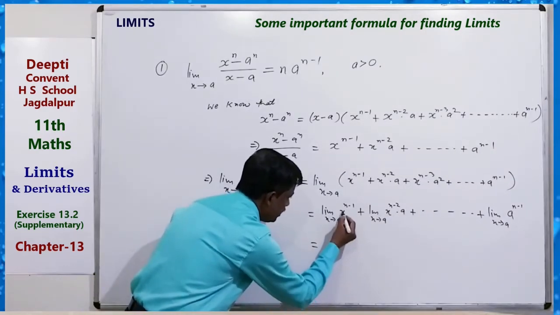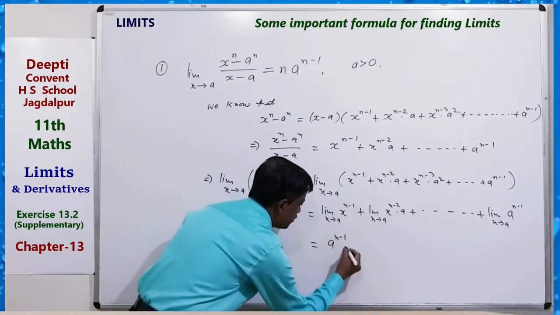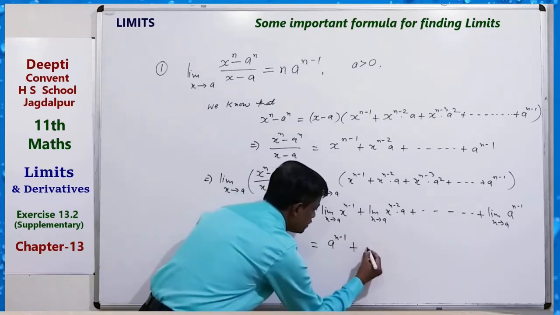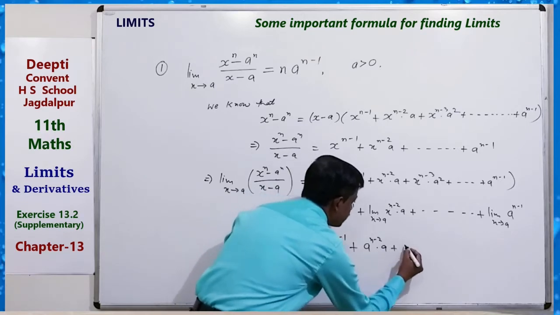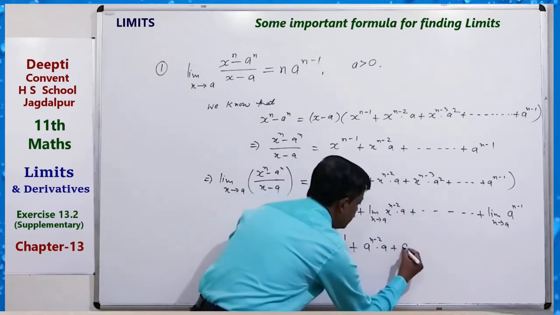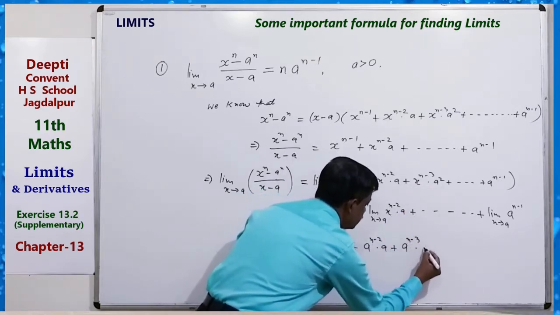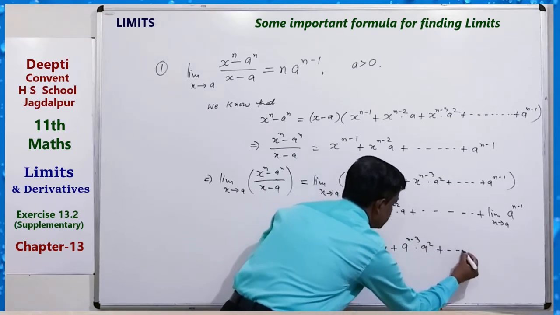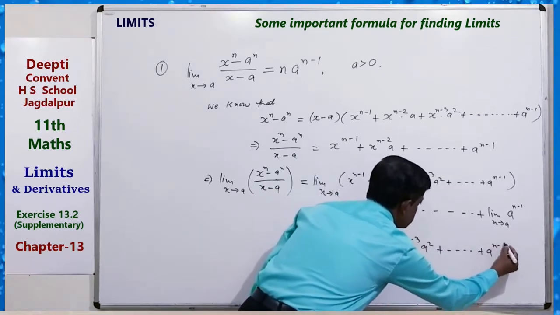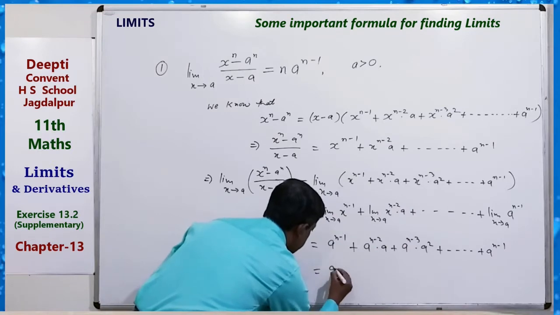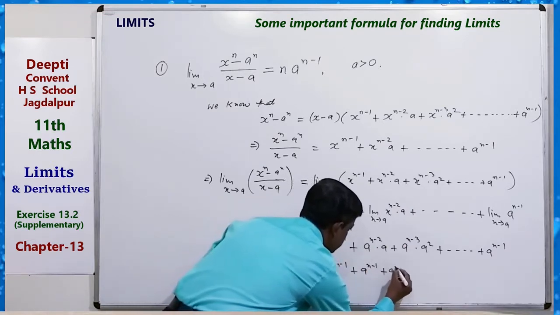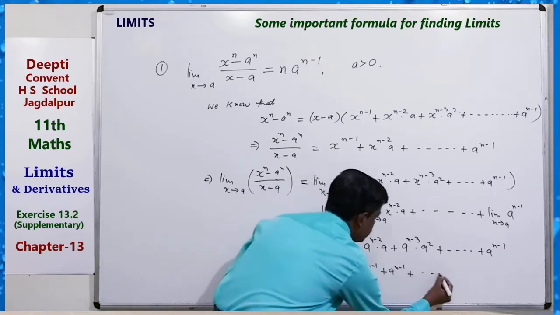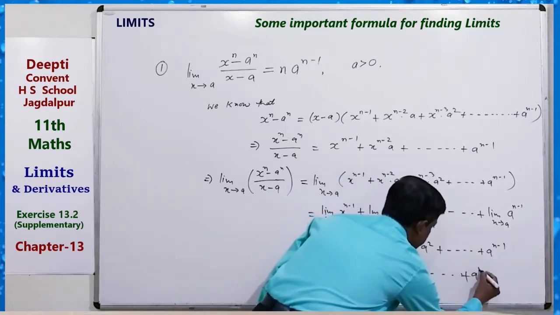So this gives a to the power n minus 1, plus a to the power n minus 2 into a, plus the third term a to the power n minus 3 into a square, plus up to a to the power n minus 1. So we see that it is a to the power n minus 1 plus a to the power n minus 1 plus a to the power n minus 1, and so on up to a to the power n minus 1.